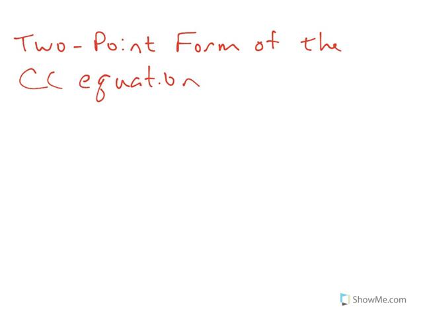P1 is the vapor pressure at one particular temperature, and P2 is the vapor pressure at a second temperature. It's the same substance, just two different temperatures.